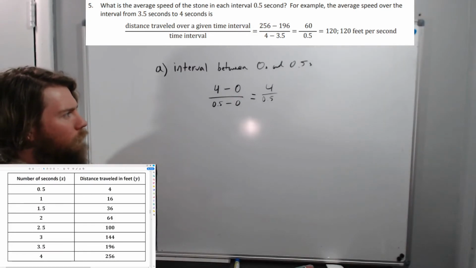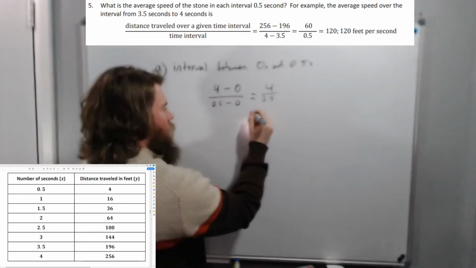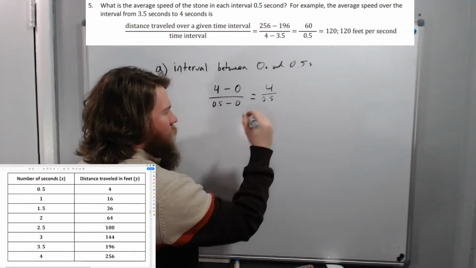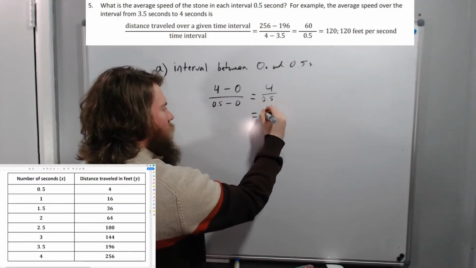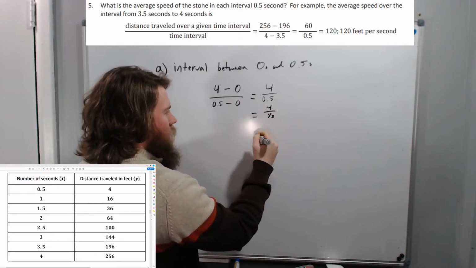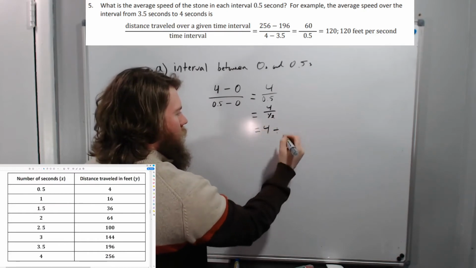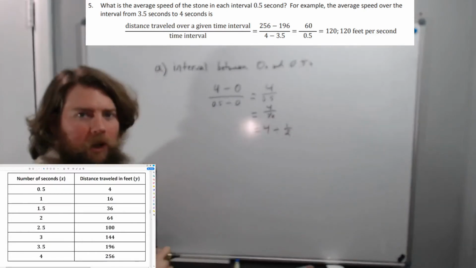Okay, and so now we've got a fraction with a decimal in it. We don't like that. So let's see. We have 0.5 is the same thing as 1/2, which is the same thing as 4 divided by 1/2.